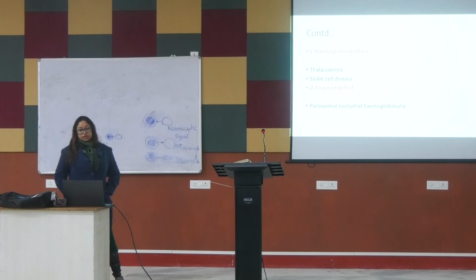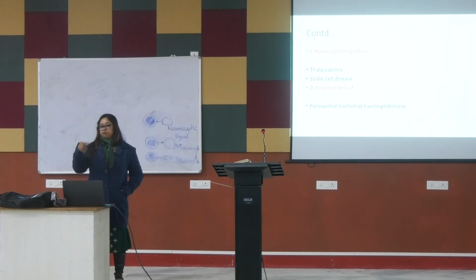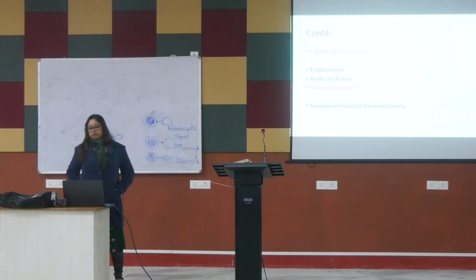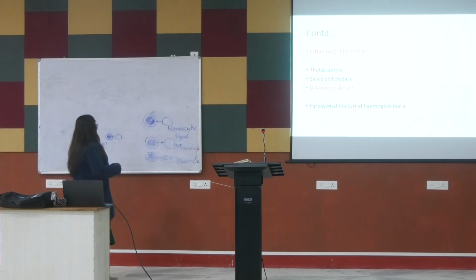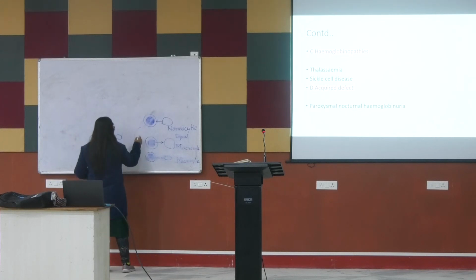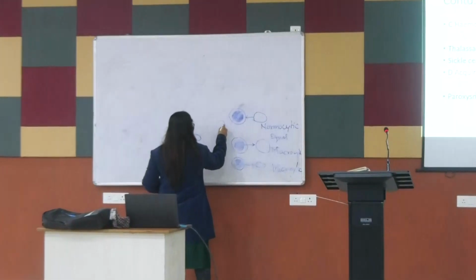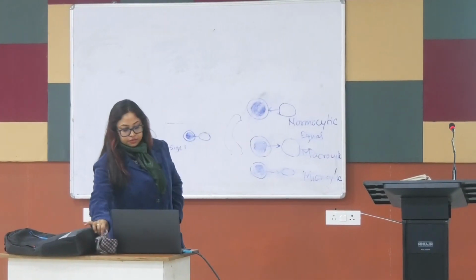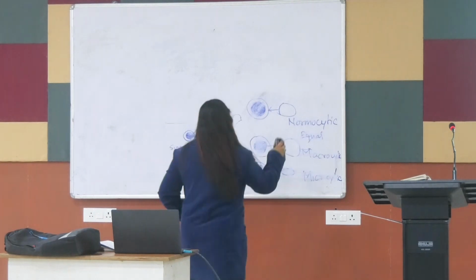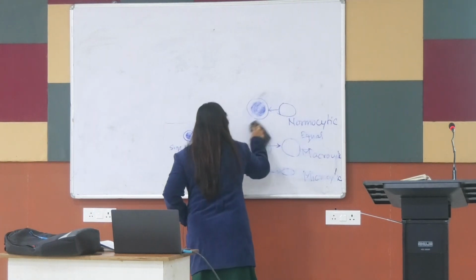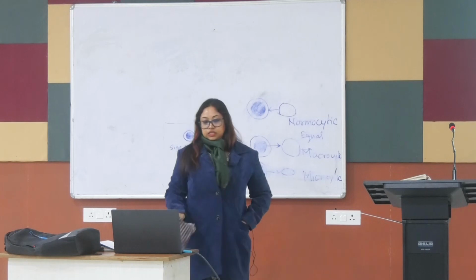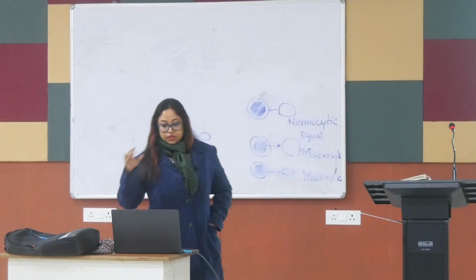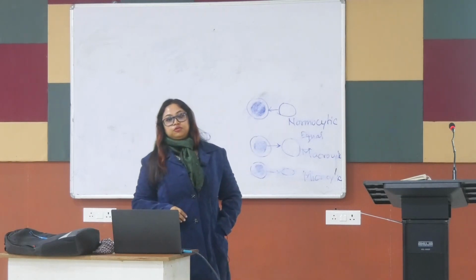In sickle cell disease, the RBC shape becomes like a sickle, a sickle-like shape. Sickle cell disease. And number D, some acquired defect. Example is paroxysmal nocturnal hemoglobinuria again.